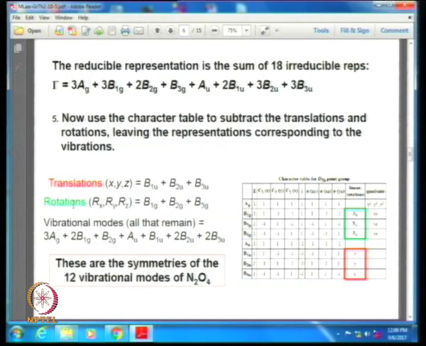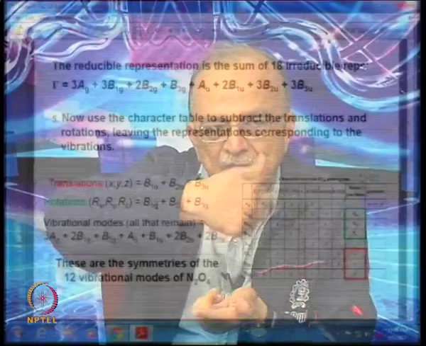And then there are rotations about the x-axis, y-axis and z-axis, and these happen to be B1g, B2g, B3g. So as you remember, g was symmetric, u was unsymmetric, and if you have two axes, then the signs of both cancel each other and remain symmetric.